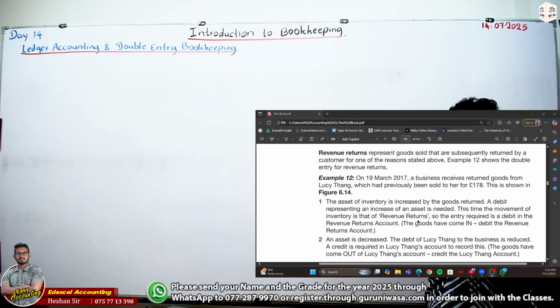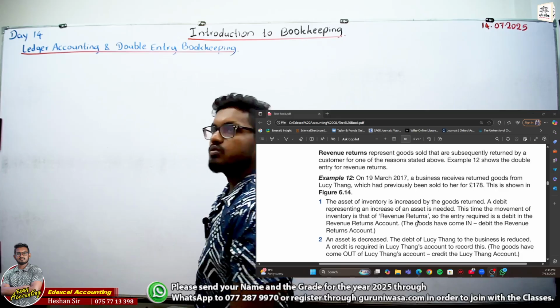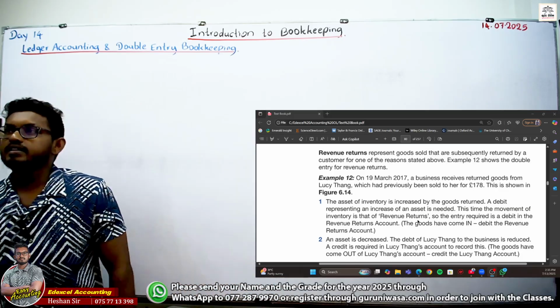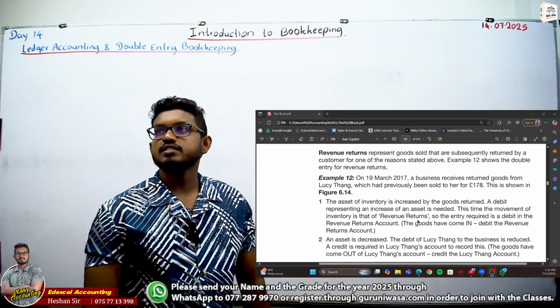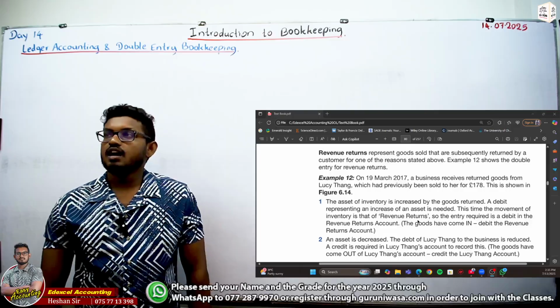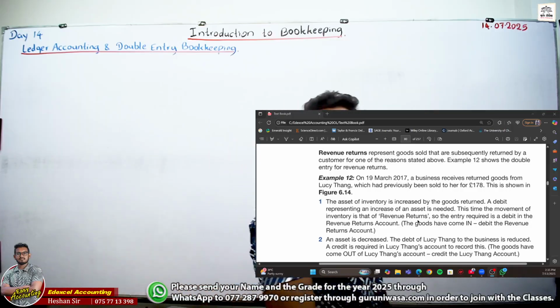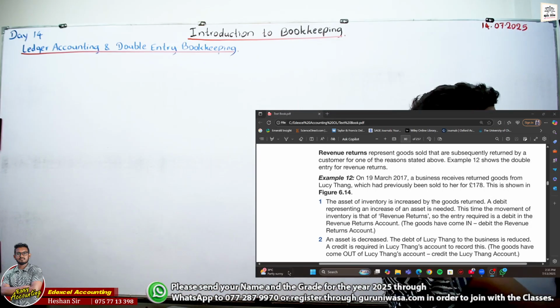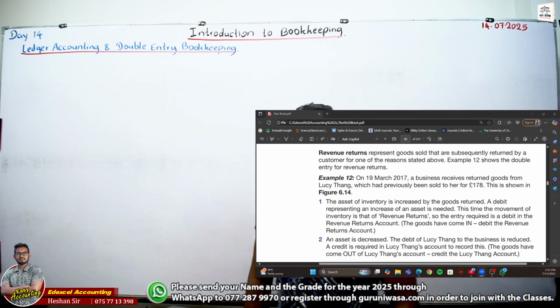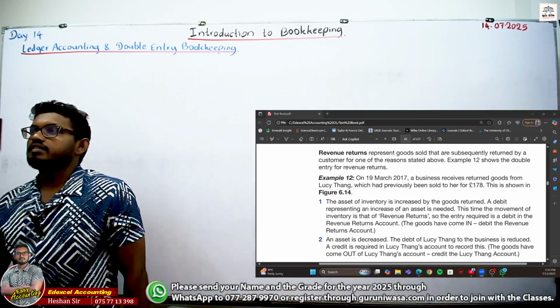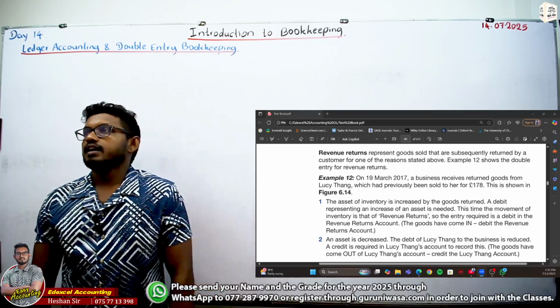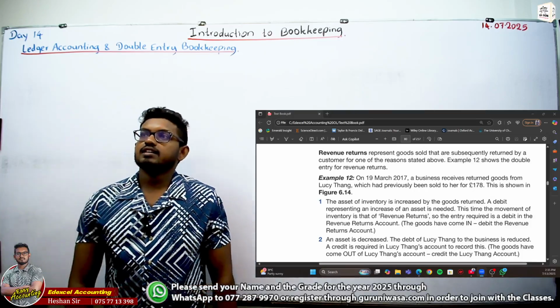Revenue return, which means sales return, represents goods sold that are subsequently returned by the customer for one of the reasons stated above. Example 1.12 shows the double entry for revenue returns. On 19th March 2017, the business received returned goods from Lucky Chang.